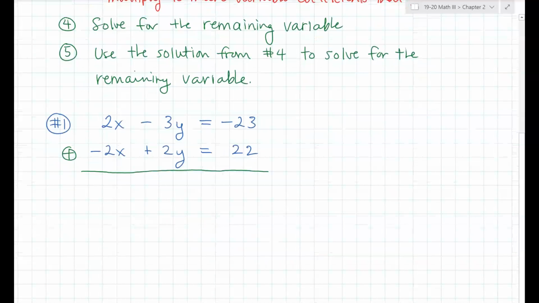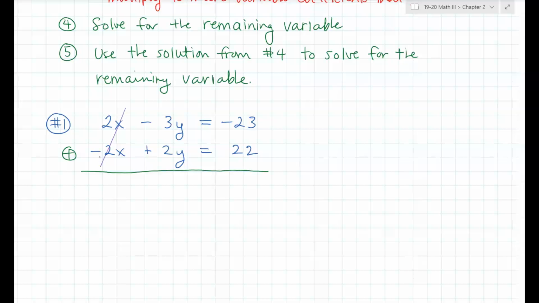So 2x, I'm going to add vertically, okay? 2x plus a negative 2x, that's going to cancel out. Okay, notice I just eliminated my x variables. This is why it's called elimination. Okay, so those are going to cancel out.